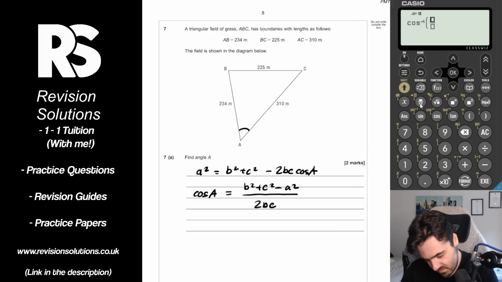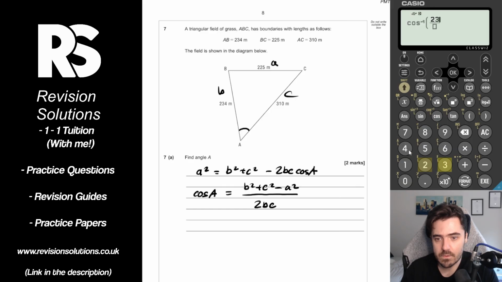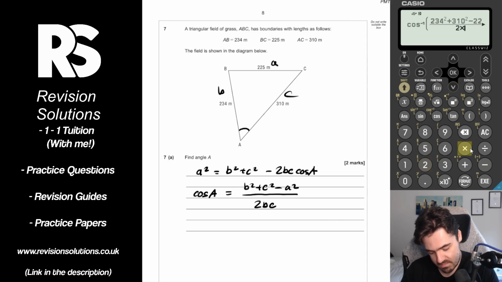So this is side A, and this is side B and C. So B and C, we've got 234 squared plus 310 squared minus 225 squared, all over 2 times BC, so 234 times 310.